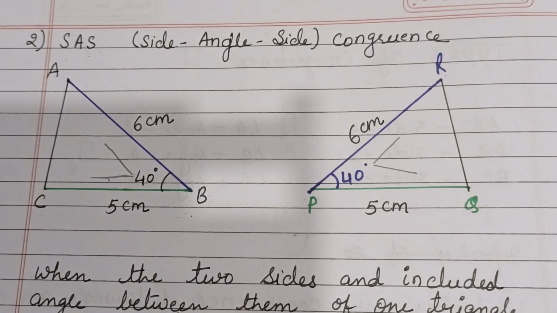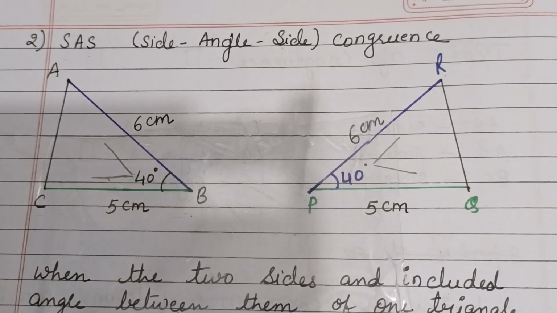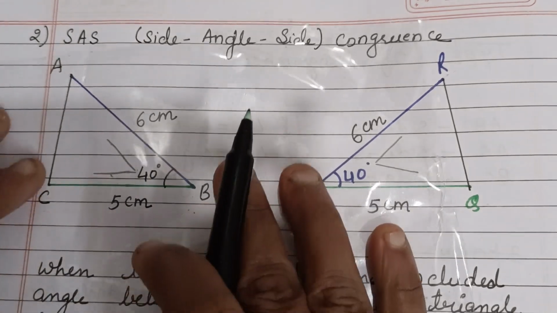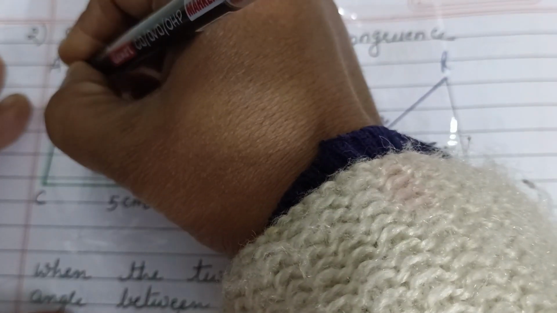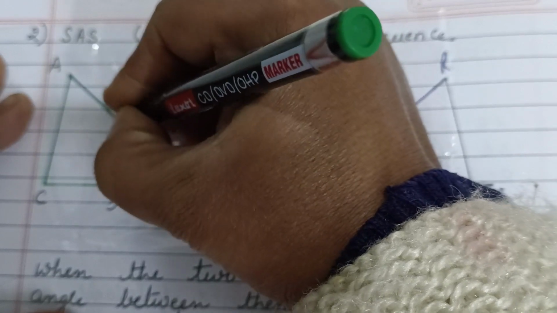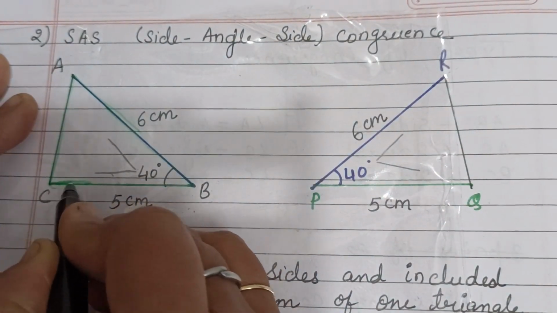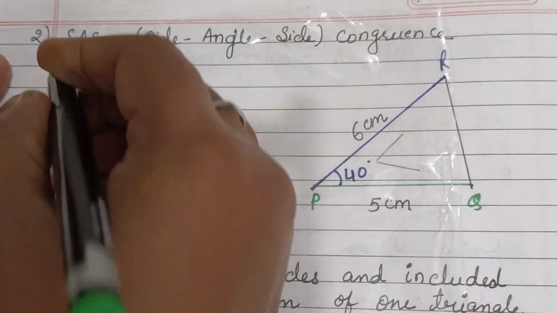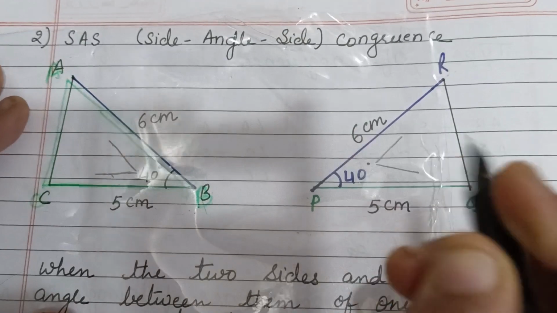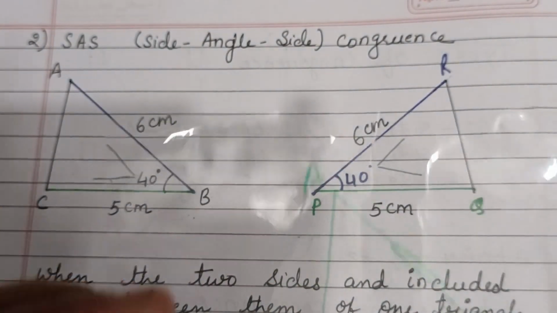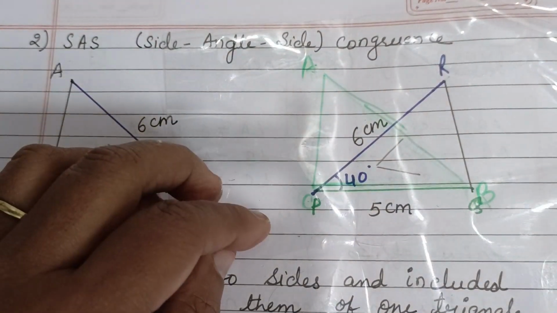Now we can see here, if I make a trace of this triangle ABC, this is A, this is C, and this is B. Now if I keep it like this, they are not overlapping.